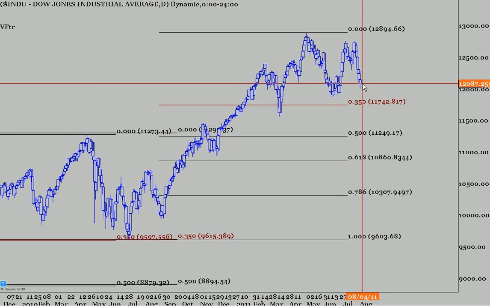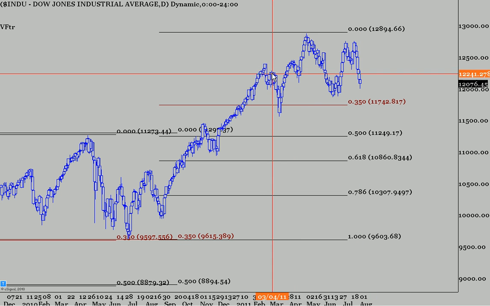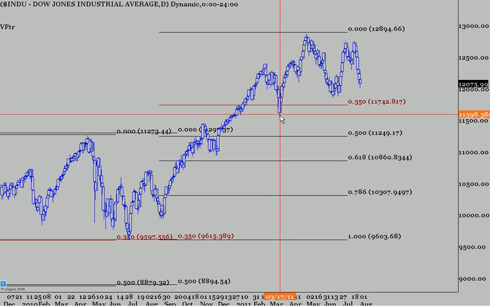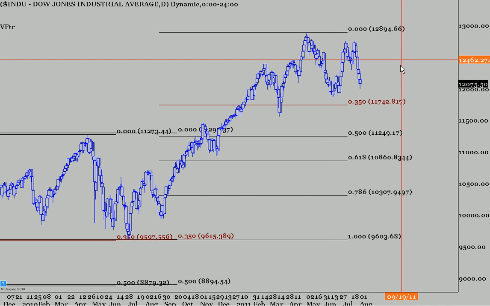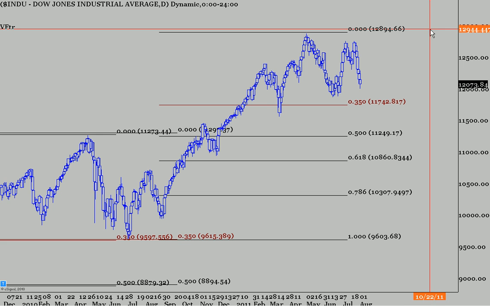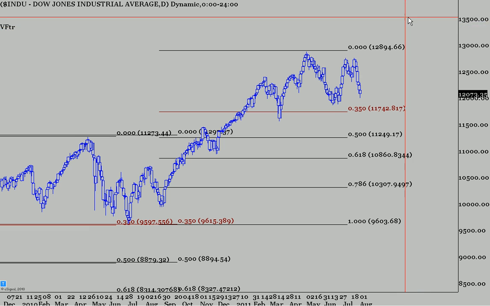Even though it's coming down, overall it's still bullish. Just like right here, it's coming down, feels like it's the top, and then it goes to a new high. So right here feels like a top, it could come down, then go to a new high. Our bigger target on the Dow is 17,500, which is 5,000 points higher.